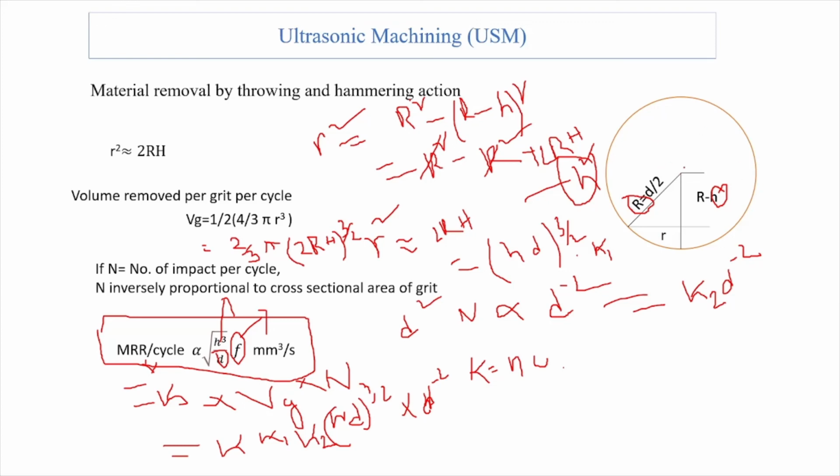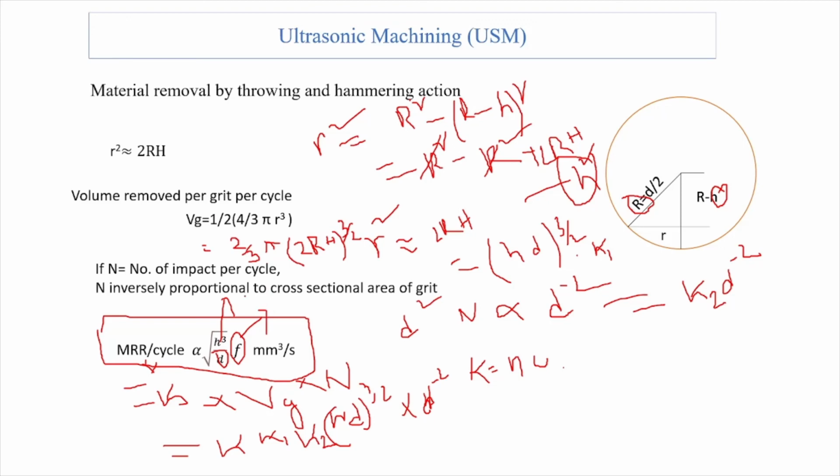From this crater sphere we will create one relation between capital R, small r, and H. Using that equation we will calculate Vg, that is volume removed per grit per cycle.